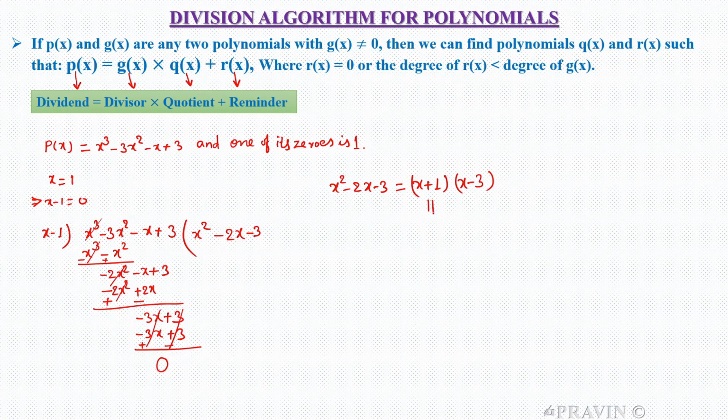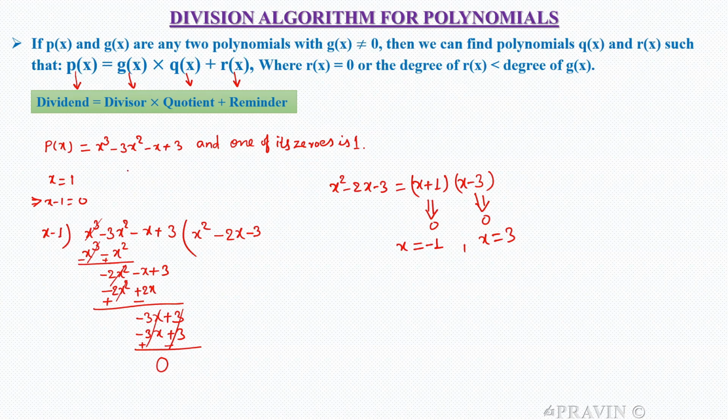And from here you can equate each with 0. So you will get x is equal to minus 1, and from here x is equal to 3. Now this minus 1 and 3 will be the zeros of this polynomial in addition to x is equal to 1, which is also a zero of this polynomial that is given to you already.